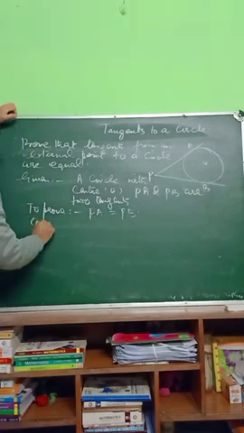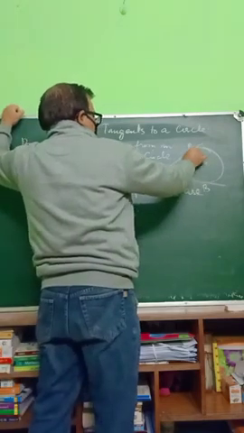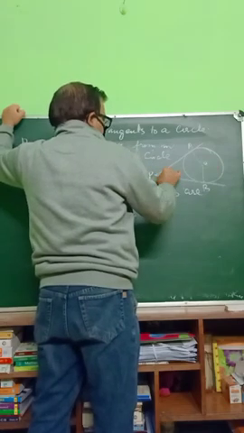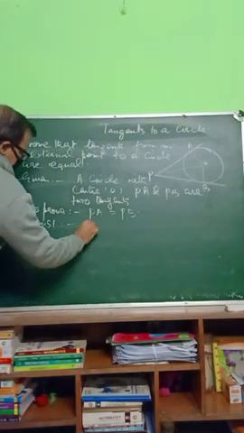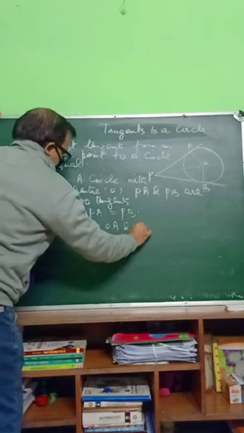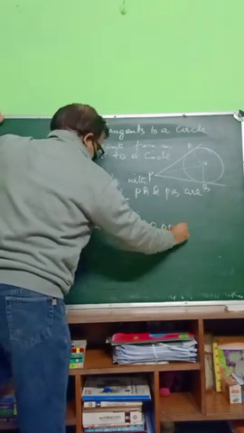Construction: let us join O with A and O with B. Join OA, OB and OP.